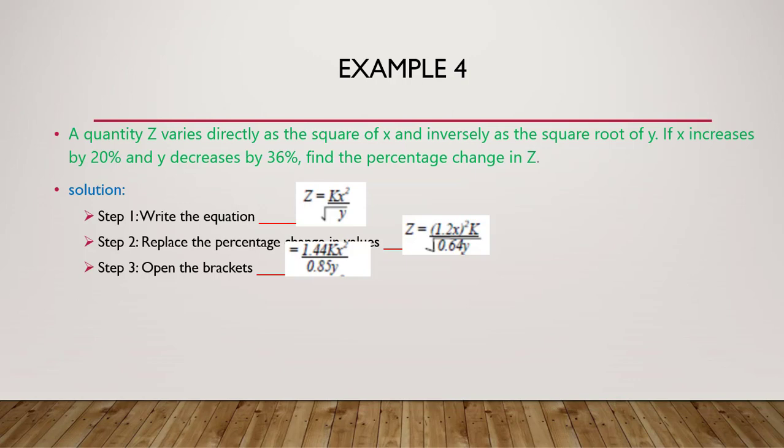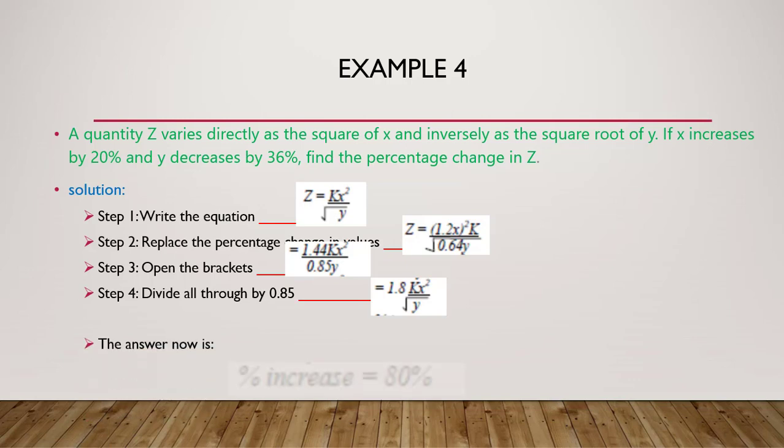Now, the next step is dividing the answer by 0.8 to get 1.8 kx squared divided by root y. Therefore, we have the answer as an 80% increase. Can someone tell me why we have an 80% increase and not an 80% decrease?